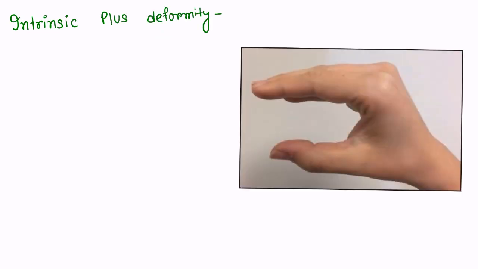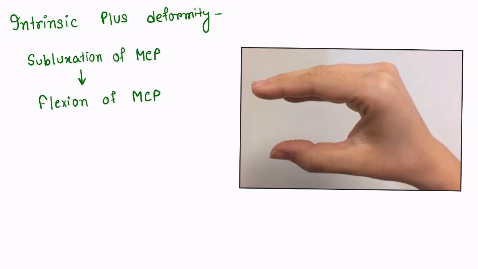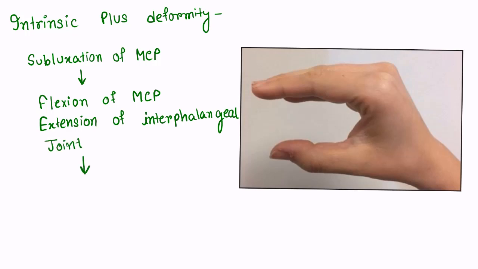This occurs due to chronic tightness of the intrinsic muscles. As a result of subluxation of MCP, there is flexion of MCP and extension of the interphalangeal joints, which results in intrinsic plus deformity.